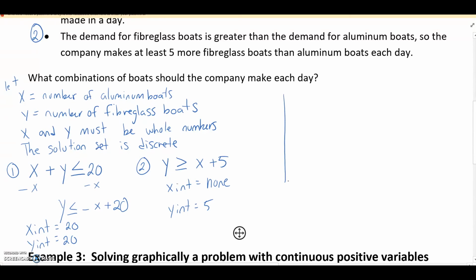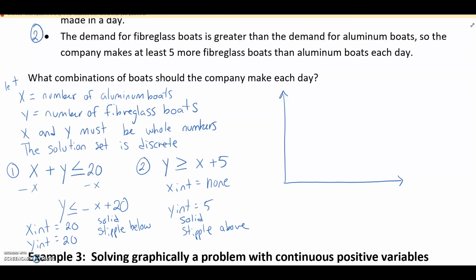So when I'm graphing this, okay, these are both solid lines, and because it's discrete data, I'm going to stipple. For 1, I'm going to stipple below, and for 2, I'm going to stipple above.